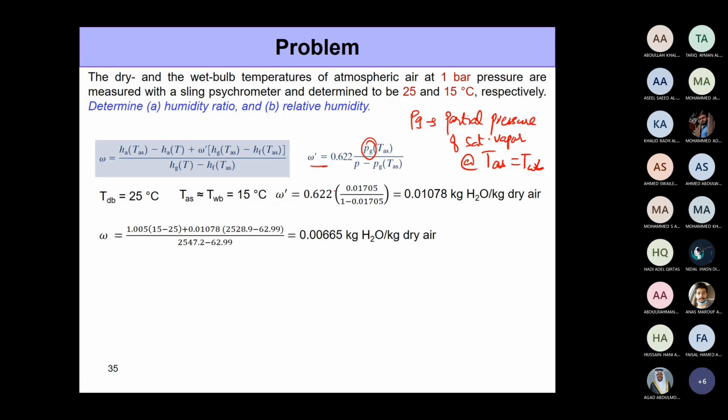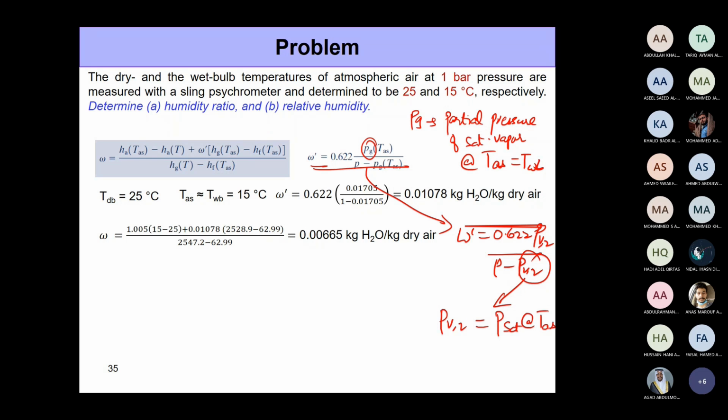So let me just write omega prime here. Omega prime is simply 0.622 times pressure at state 2 by P minus PV at state 2. This PV at state 2, or at the exit, is equal to the P sat at the adiabatic saturation temperature, or P sat at the wet bulb temperature, right? So PSAT or PG is essentially the same thing.